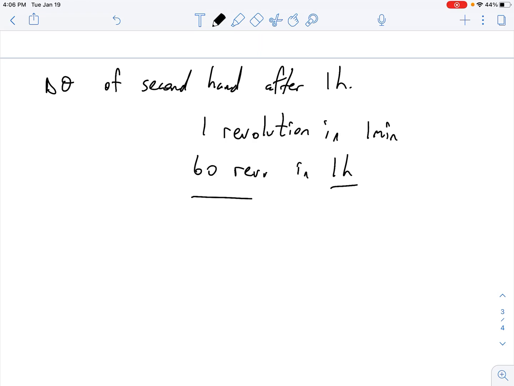Now, of course, we don't like the units of revolutions. We want the unit to be radians. So we know the displacement is going to be 60 revolutions, but what's that in radians? Well, let's convert units. 60 revolutions times, there are 2 pi radians in 1 revolution. If I go all the way around a circle, I have traveled 2 pi radians.